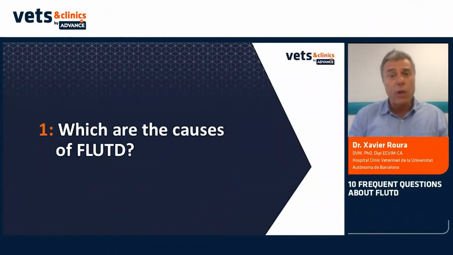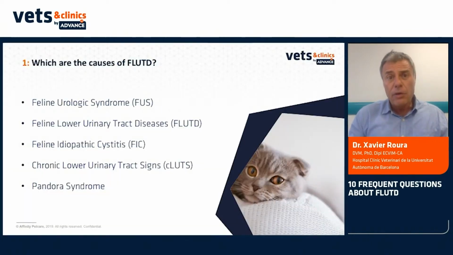Well, really, there is not just one cause of feline lower urinary tract disease. When we talk about this group of diseases, we talk about different causes. Feline lower urinary tract disease is a complex disease, and this is the reason why, during the recent history of veterinary medicine, we have had different names for the same group of clinical signs.